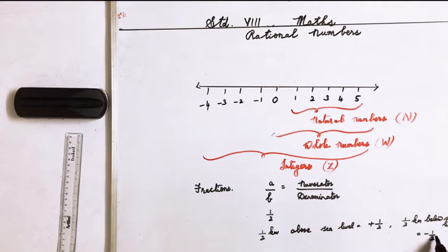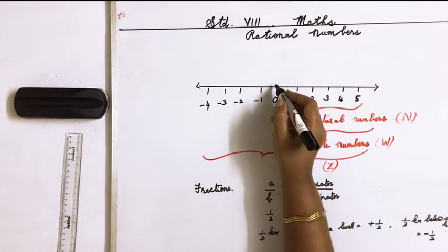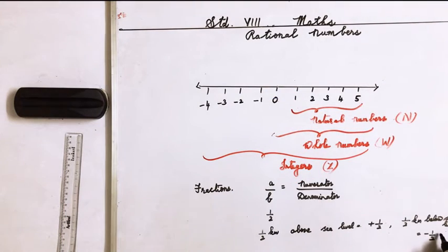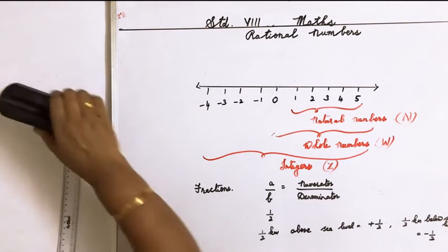So where will you represent minus 1 by 2? On the left side of 0. So this is a fraction with a negative sign. So we can say a rational number is the extension of a fraction. We will see rational numbers in detail.